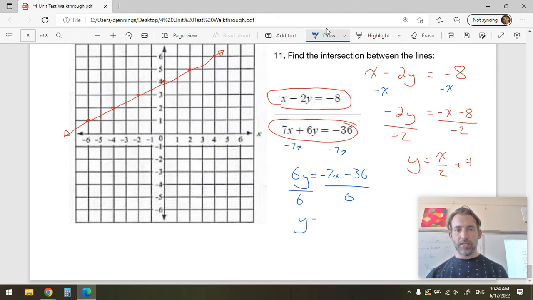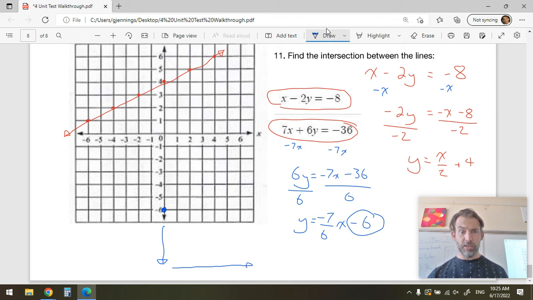So y is equal to -7 over 6x minus 6. -36 divided by 6 is -6. So I go ahead and I plot this -6 on here. There's my b. And then I see -7 over 6. So I rise -7 and run 6.